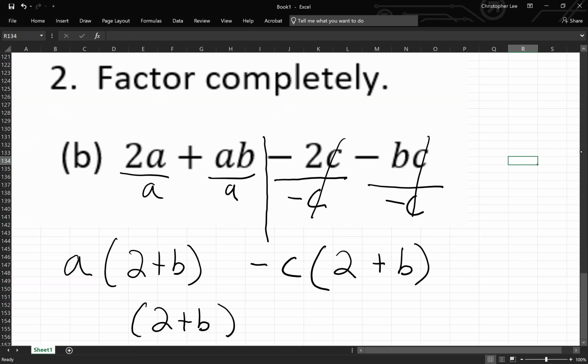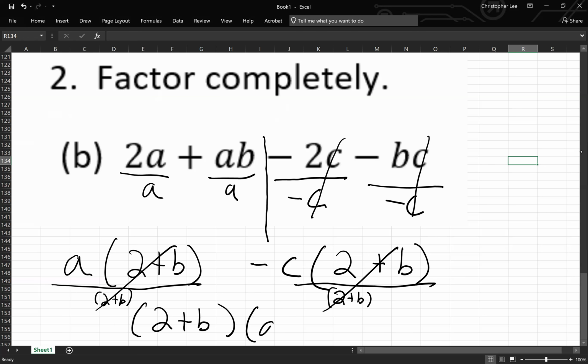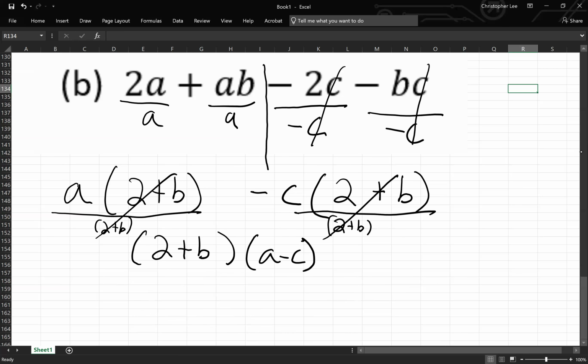And when I factor out the 2 plus b, what am I left with? A minus c. That's perfect. All right. That's my answer right there. Any questions on this type of question? You good? Go ahead.